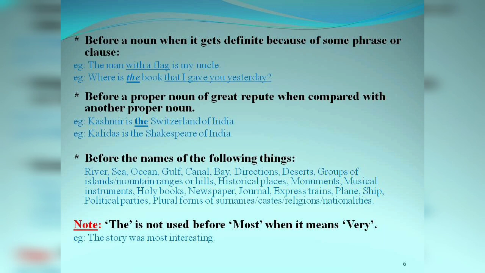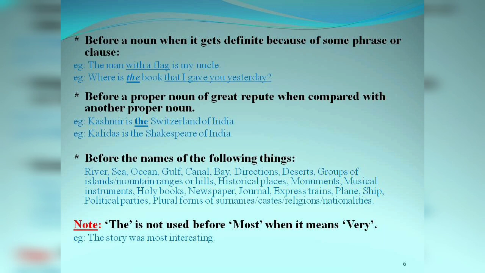Therefore, we must use the before it. Next sentence, where is the book that I gave you yesterday? That I gave you yesterday is a clause which makes the noun book definite. Therefore, we must use the before it. Because you might have a library of your own, but I am particularly talking about the book that I gave you yesterday. Okay, so the before it.